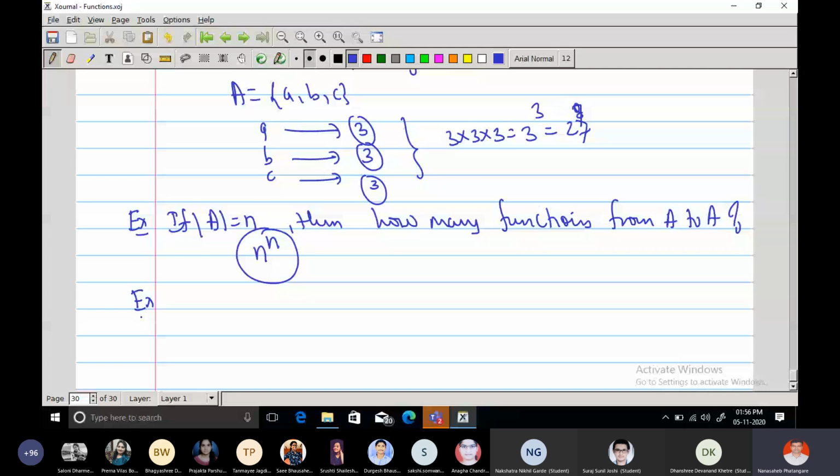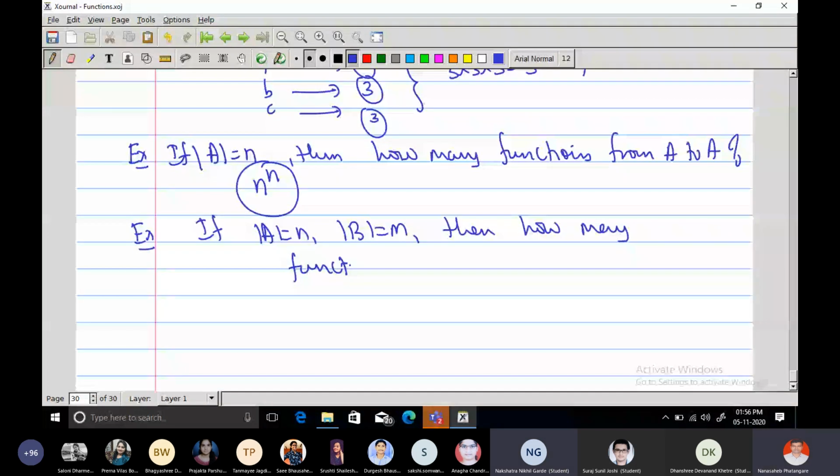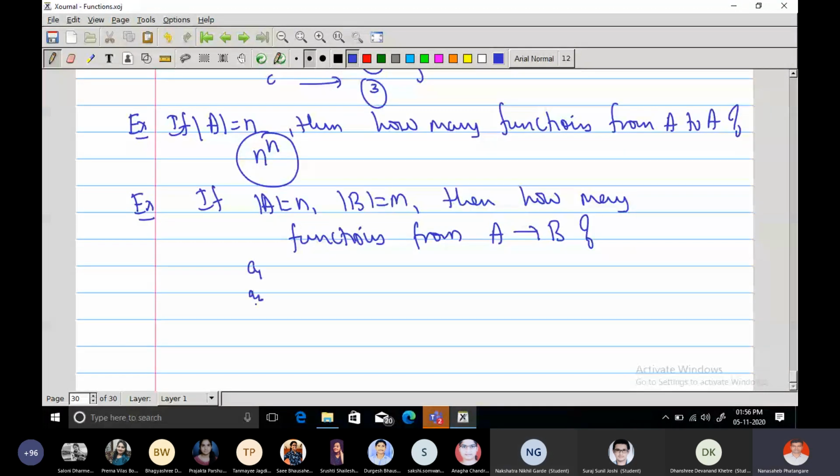If the cardinality of A is equal to n and the cardinality of B is equal to m, how many functions from A to B? Right, A has n elements, A1 to An, and B has m elements, B1, B2, up to Bm.